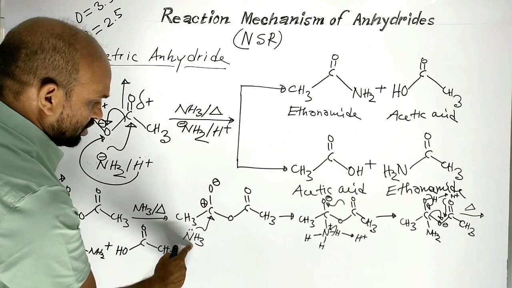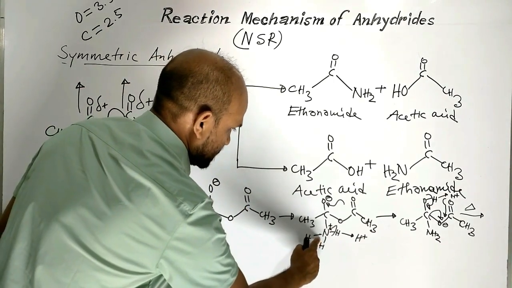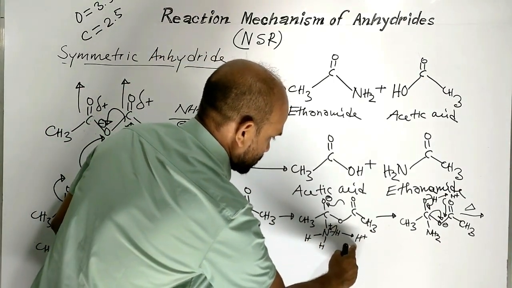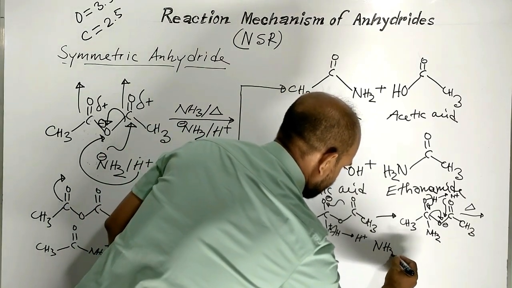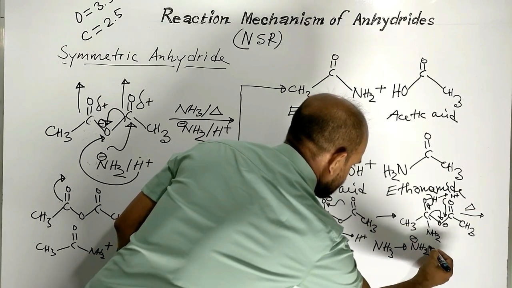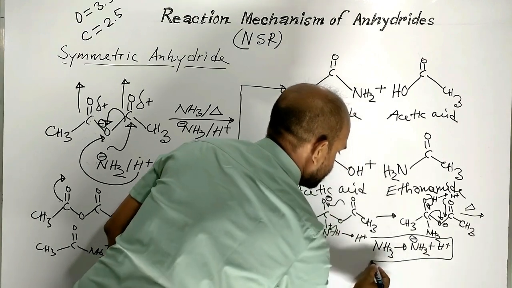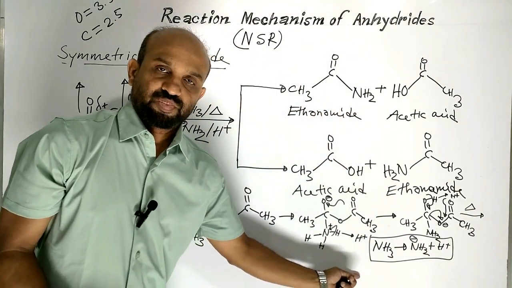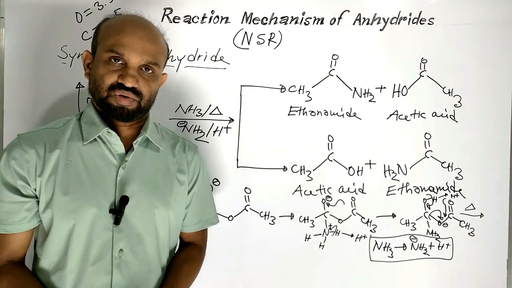Here, ammonia bonds to this carbon, and from this ammonia, this proton is separated. That is, ammonia is splitting in this way. Simply, this can be showed. Splitting of ammonia, azanide ion and proton.